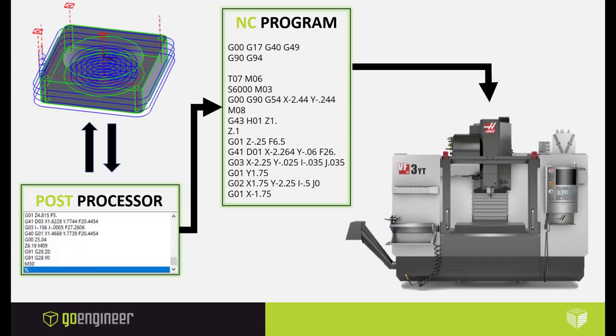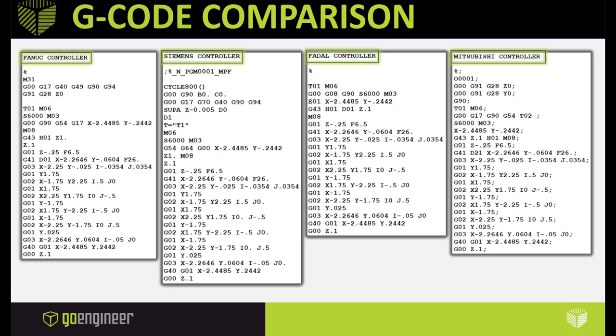This also means that post-processors are not compatible between two different types of controllers. Here's a side-by-side comparison of an NC program for different types of controllers. These NC programs were all created using the exact same toolpath, but using a post-processor designed specifically for each controller.